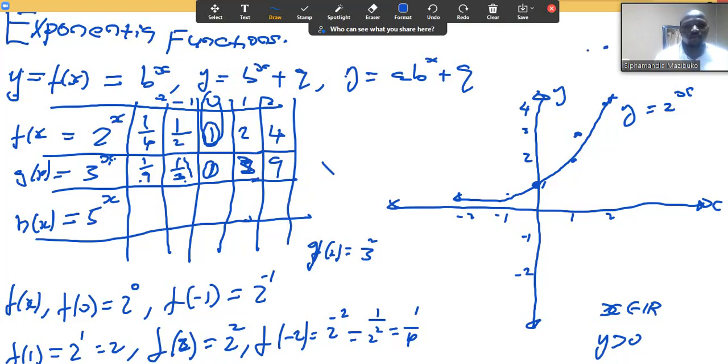And we can also have this point here. So negative 1 is to 1 over 3. Maybe that will be here, and the other one will be here. The graph will look like this, with the same intercept.